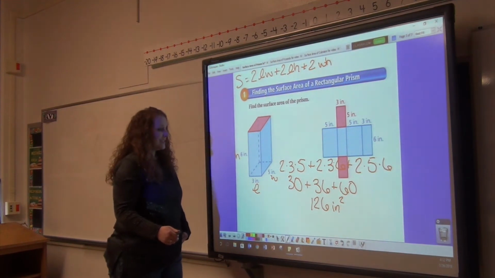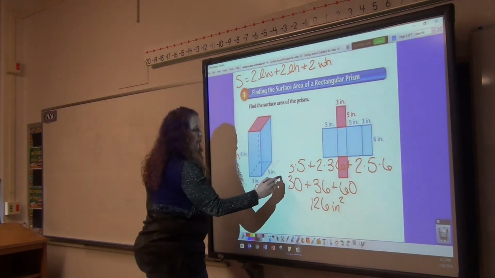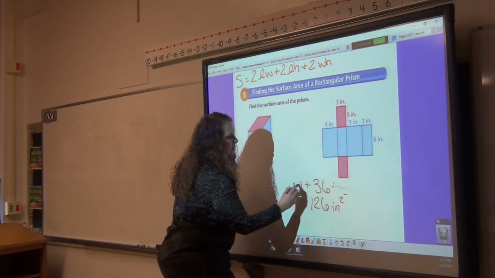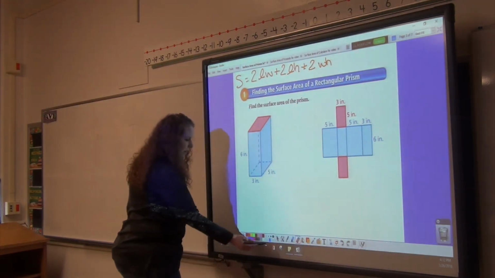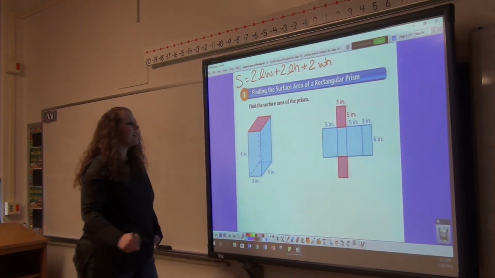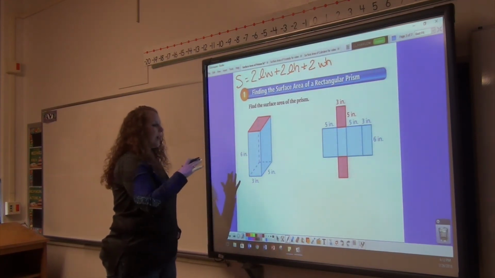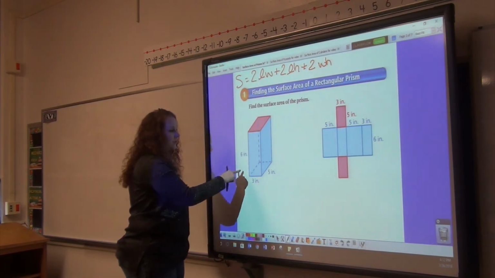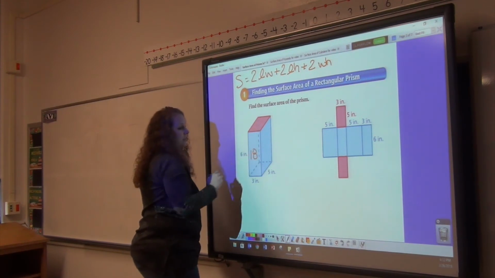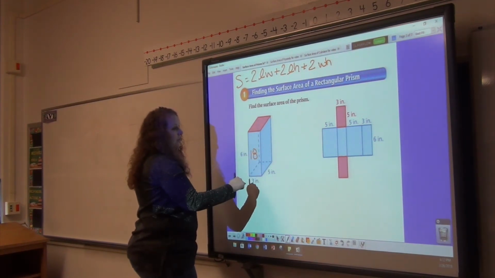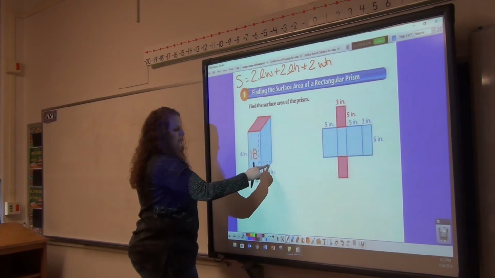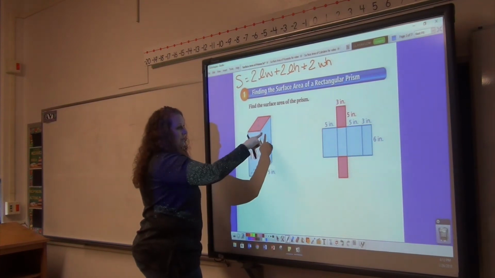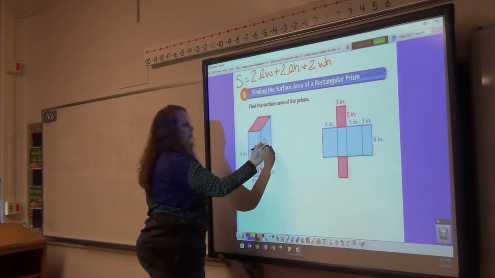Another way we could do this exact problem without using the formula, let me erase this here. Okay, so we can actually find the area of each of these surfaces and then add them all together. So 6 times 3 is 18. Okay, 3 times 5 is 15. 6 times 5 is 30.